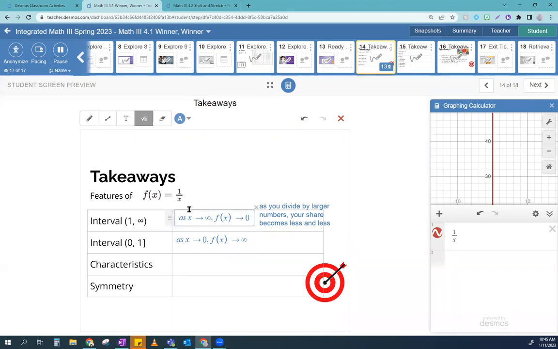That doesn't make sense, because if 0 people are sharing it, no one gets it. Some people said, but it's 0, Ms. Johnson, but that doesn't make sense either, because 0 means there was nothing to share. I'm telling you there's one lottery winnings to share, right? So that doesn't make sense.